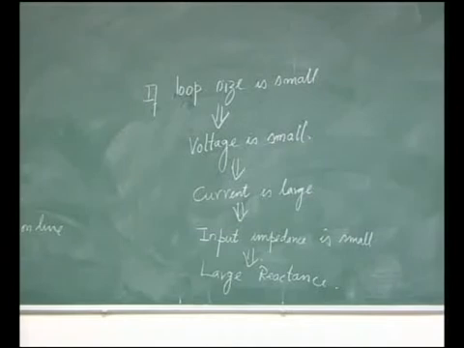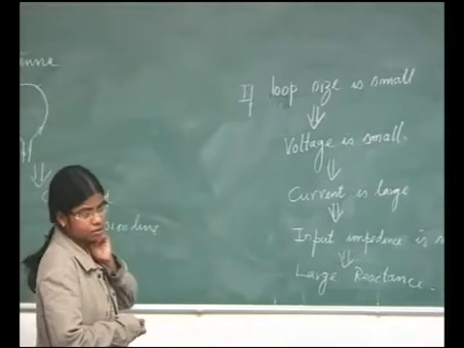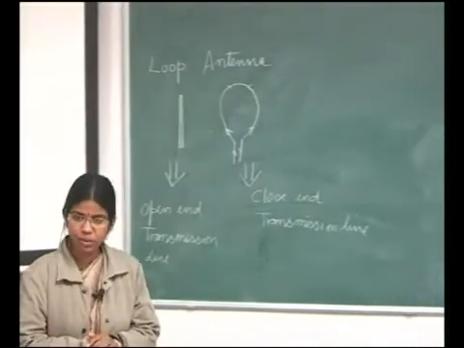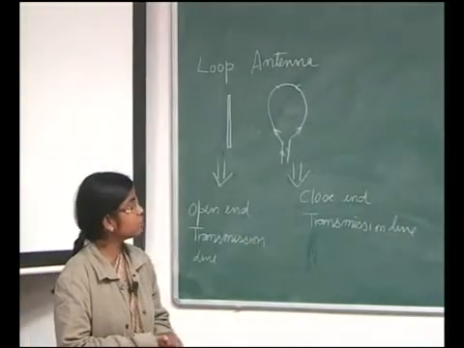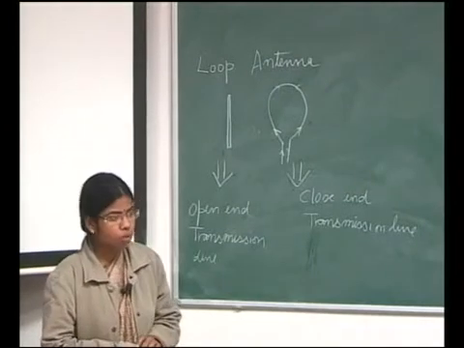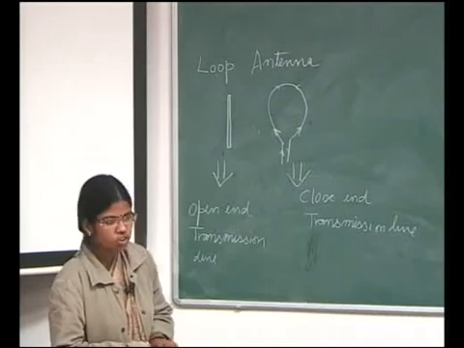Generally the loops have small electrical length, because the antennas are used at very high frequency for radiations. So these loops have very small size, thus very small voltage and more or less a large constant current.